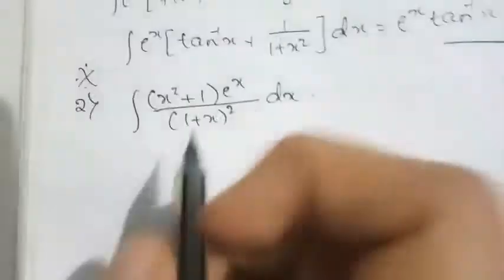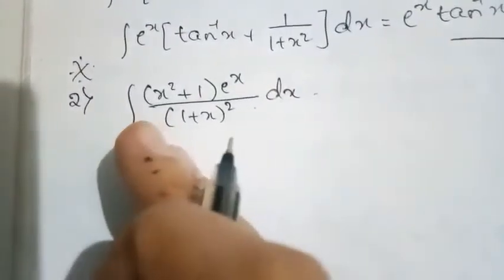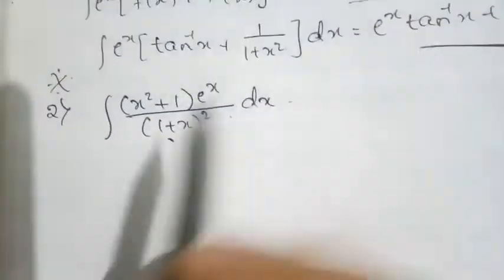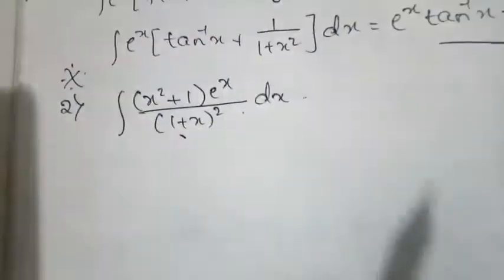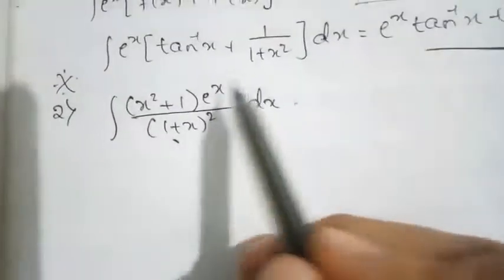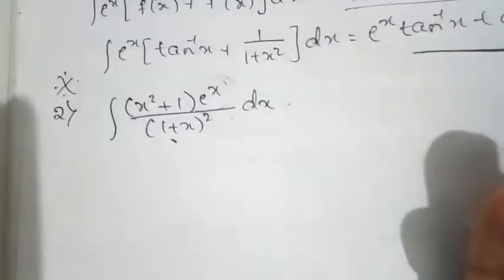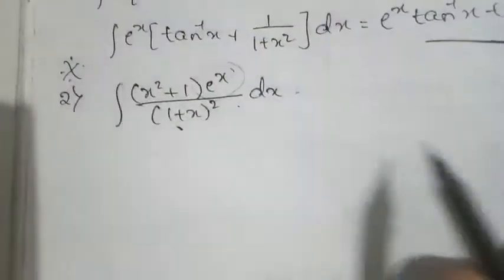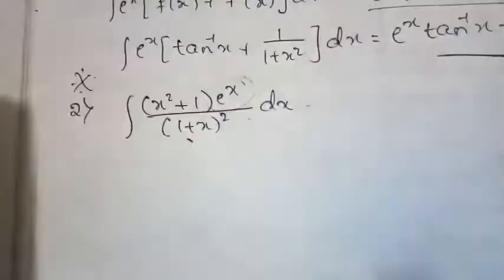After that, it is not of any particular type of function, so it is also deleted from the list. It is an improper function, and along with that we have e power x again, so it is not easy to deal with partial fractions either, and we cannot simplify this through partial fractions.